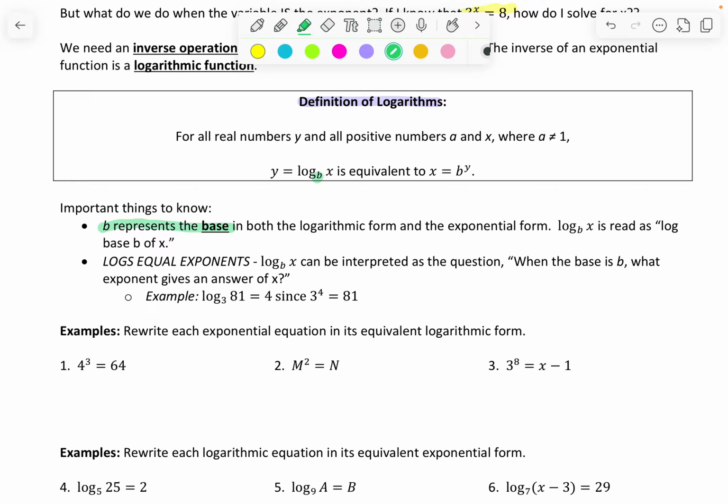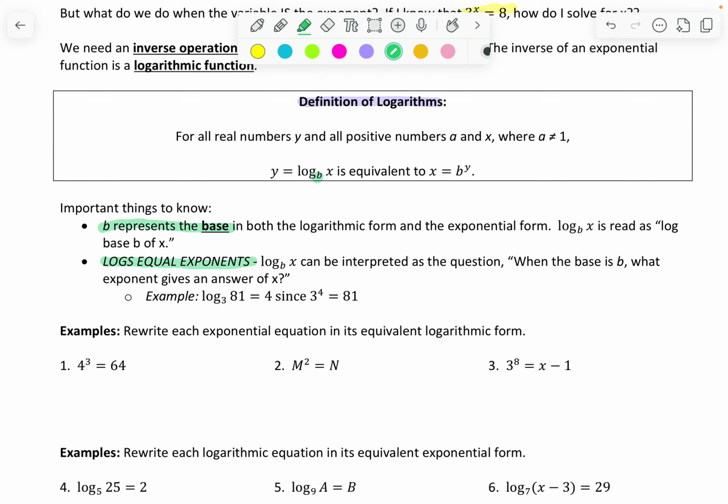And then the most important thing here, this is really the key to all of it, is that logs equal exponents. That's the whole point, is they help us find a missing exponent, which is what we have when we have an exponential function. So if I want to find the log base b of x, I can interpret that as the question, when the base is b, what exponent makes the answer x?